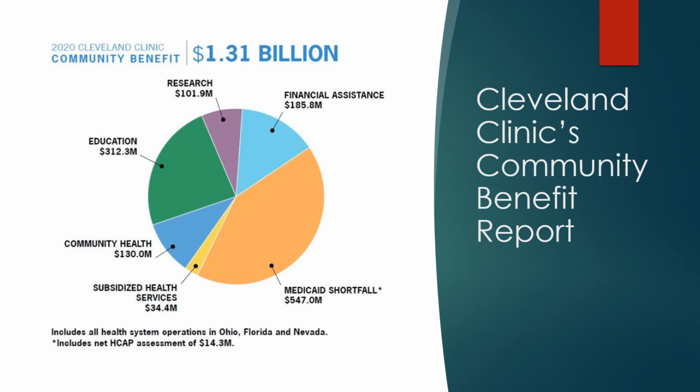We see they allocated $185.8 million to financial assistance, $547 million to Medicaid shortfall, $34.4 million to subsidized health services, $130 million to community health, $312.3 million to education, and $101.9 million to research.